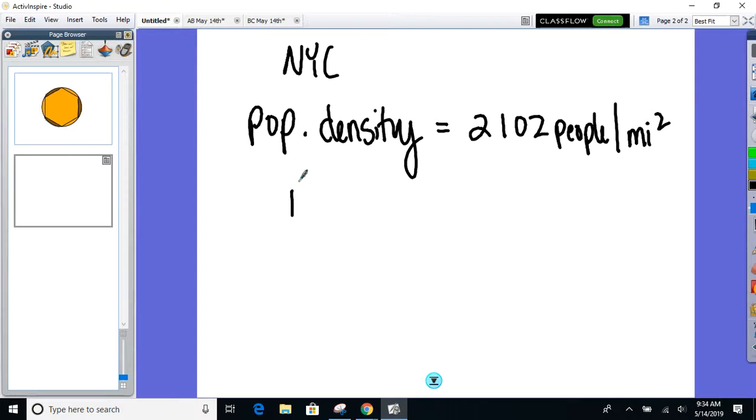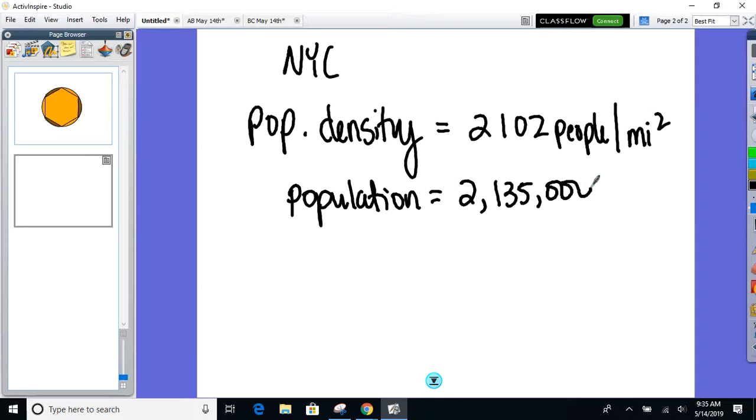The population of New York City is equal to, I don't know, what do you think? 2,135,000? No clue. How big is New York City? How many square miles is New York City?